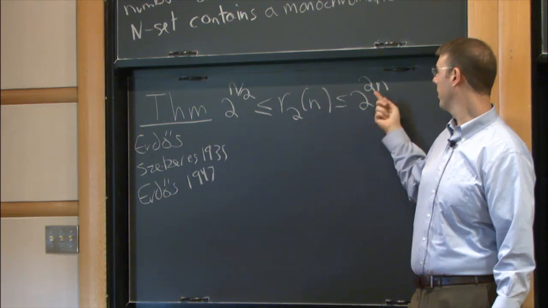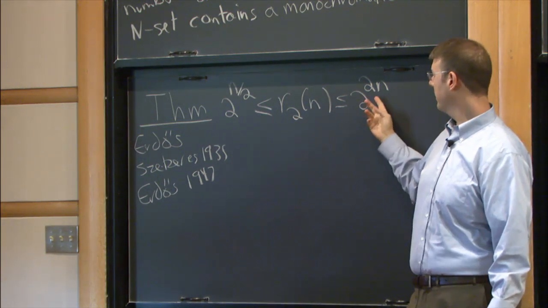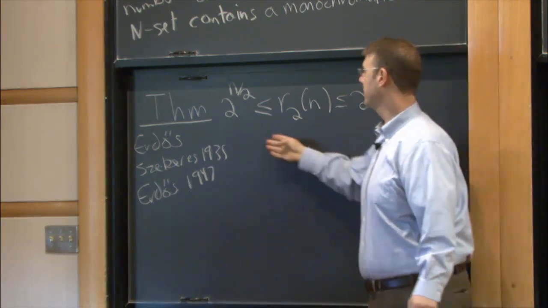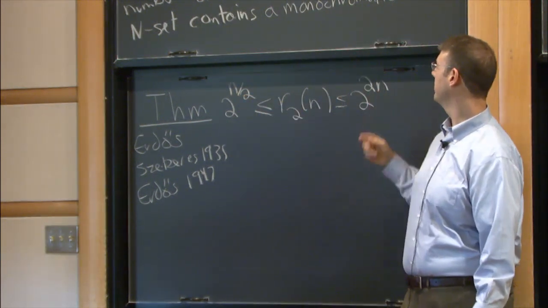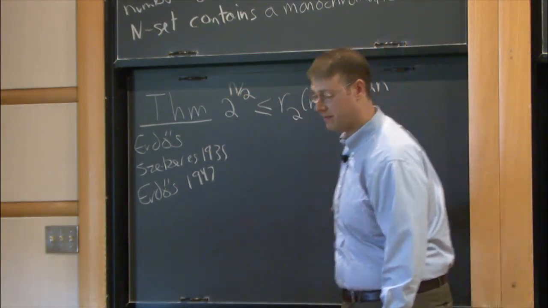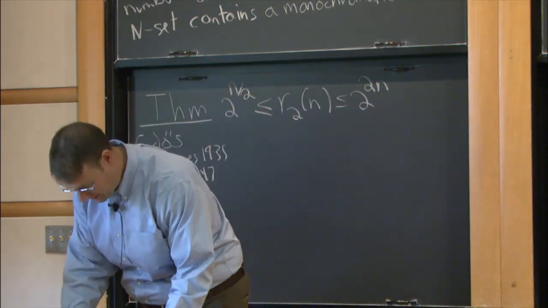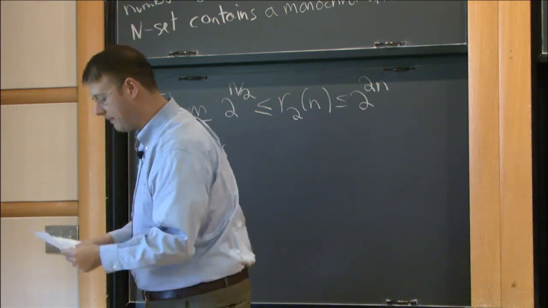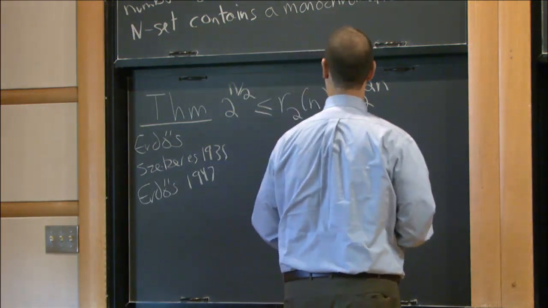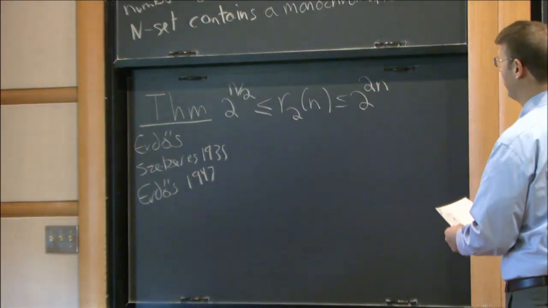So it's a little bit more than polynomial in n, but still we have these exponential constants of 2 to the half in the exponent here and 2 here. And they've remained the same for now basically 70 years. And so although we have these big gaps here, our understanding for hypergraph Ramsey numbers is even worse.